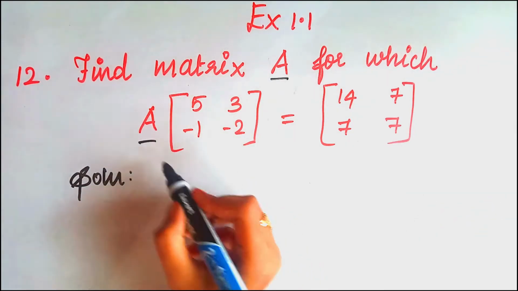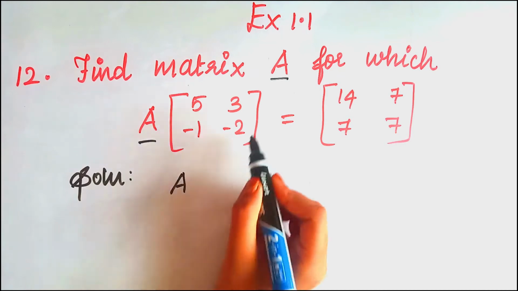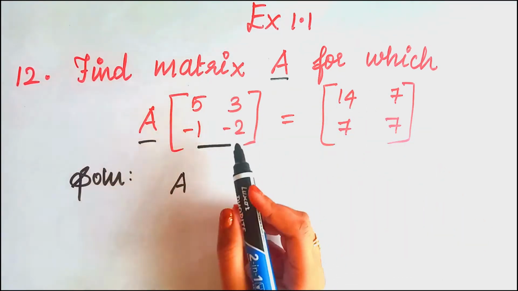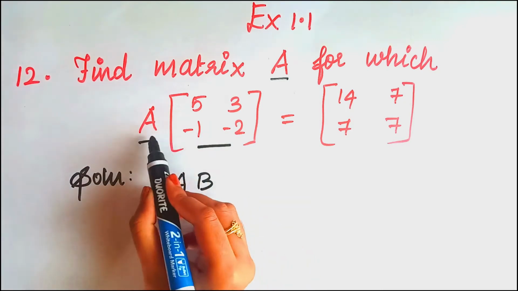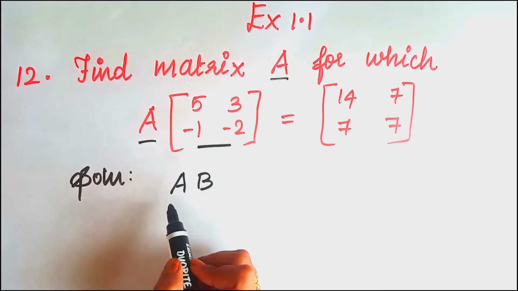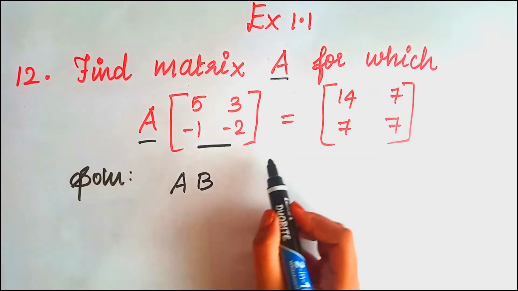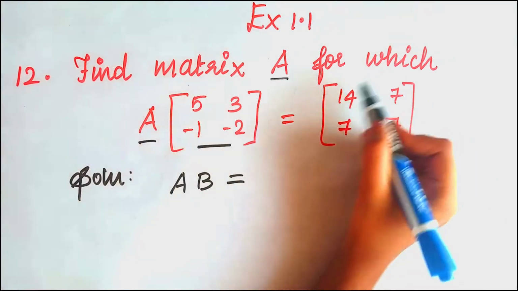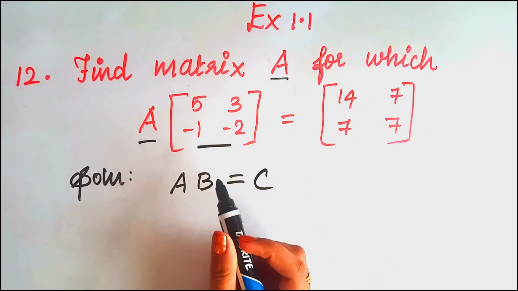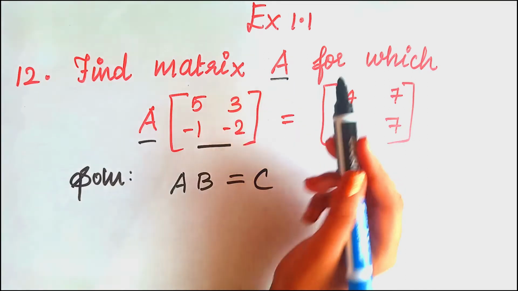So let's keep this as A and let's name this matrix. I'm giving the name B to this matrix. So it's A into B, here there is an equal to, and let's name this matrix as C. Okay, now what do we have to find? We have to find A, right?